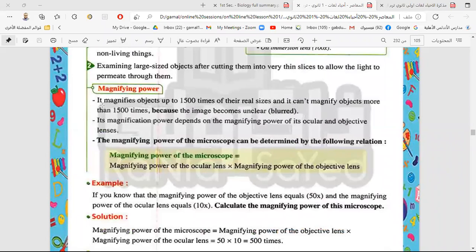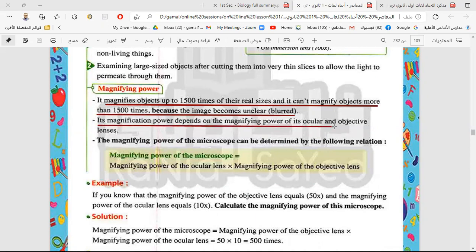If you magnify it more than 1500, the image will be unclear because the image becomes unclear or blurred. This magnification power depends on the magnification power of the ocular and the objective lens.